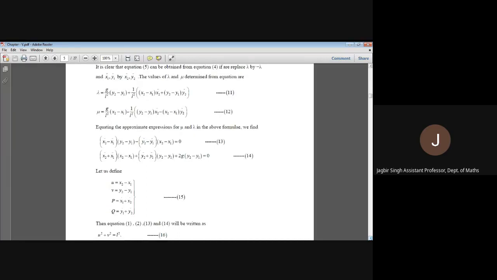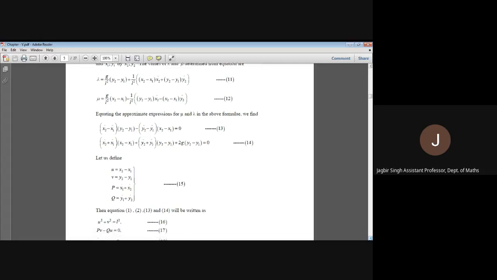Now we are going to define 4 terms. One is u, x2 minus x1, v, y2 minus y1, p, x1 dot plus x2 dot, and q, y1 dot plus y2 dot. Then equation number 1 was x2 minus x1 square plus y2 minus y1 square equal to L square. So it is u square plus v square is equal to L square.